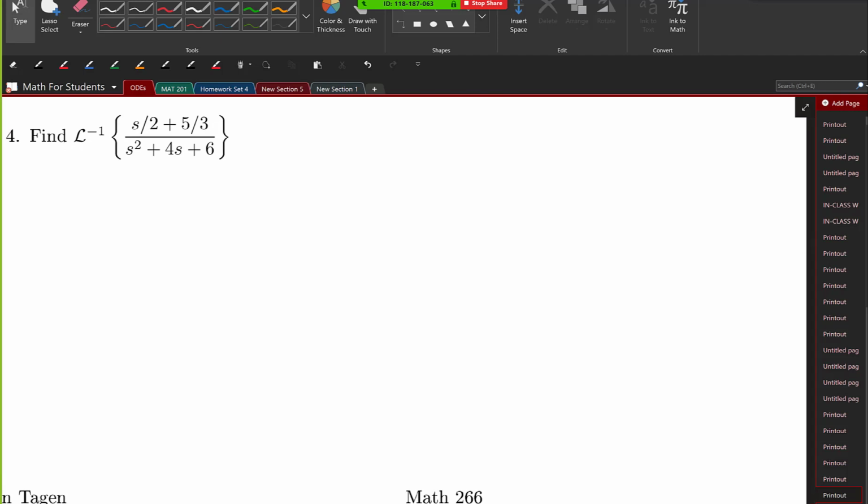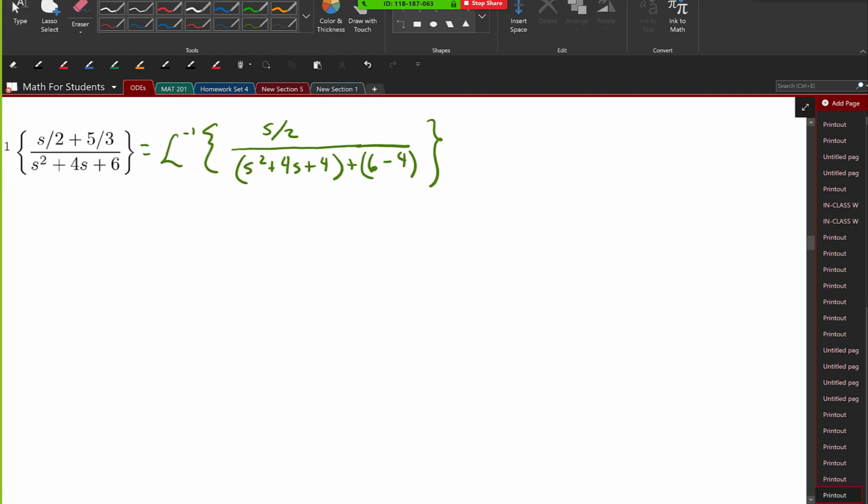What I'm going to do in this one is use the linearity of the transform right away. I'm going to write it as s over 2 divided by s squared plus, and here I'll start completing the square, 4s plus 4 plus 6 minus 4. That's for the first.